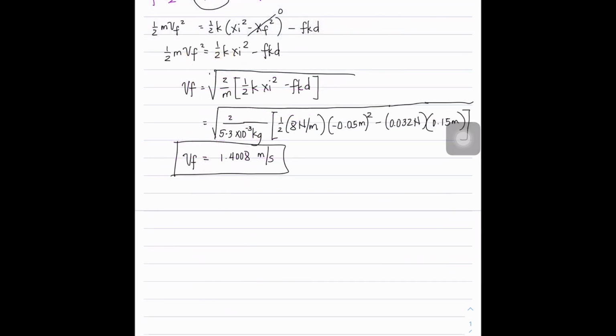Going to illustrate it here. Our spring is compressed 5 centimeters from its original position. Now we will say that the ball will stop speeding up when the spring force is equal to the friction force.